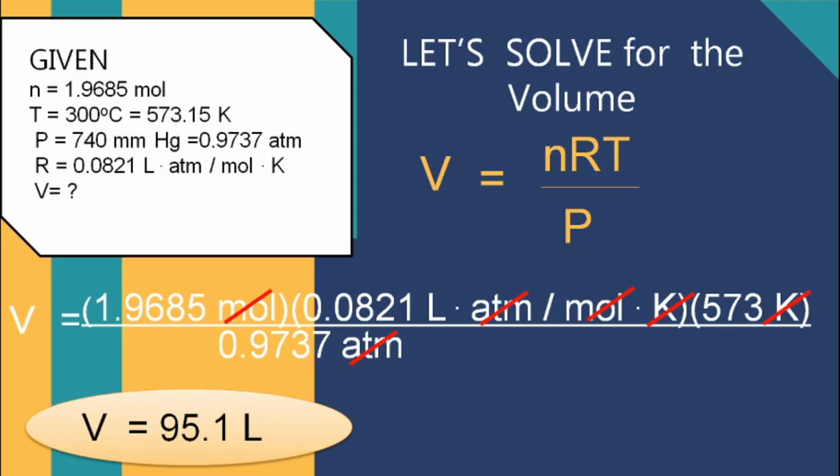We cancel the units mole, atmosphere, and Kelvin. We multiply 1.9685 by 0.0821 and 573, and then divide the answer by 0.9737, and the answer is 95.1 liters. The volume is equal to 95.1 liters.